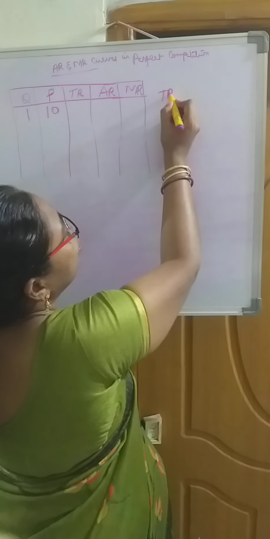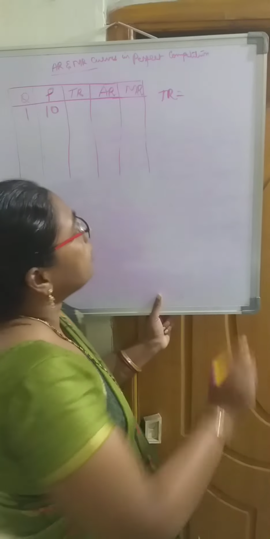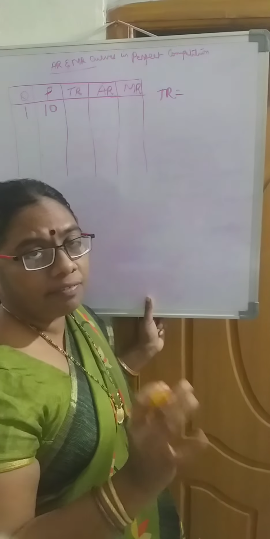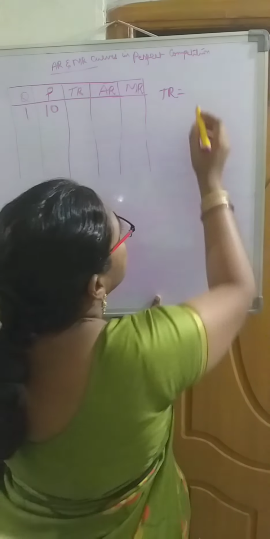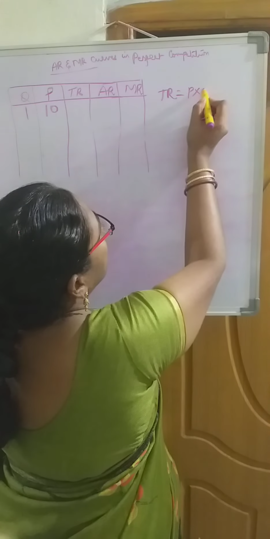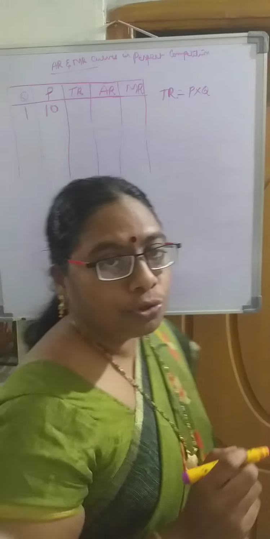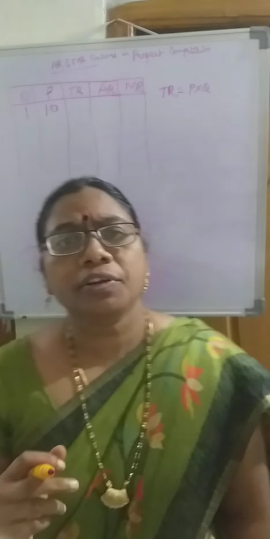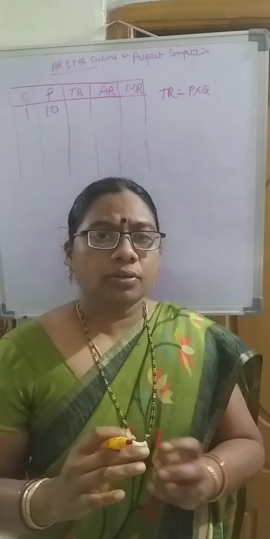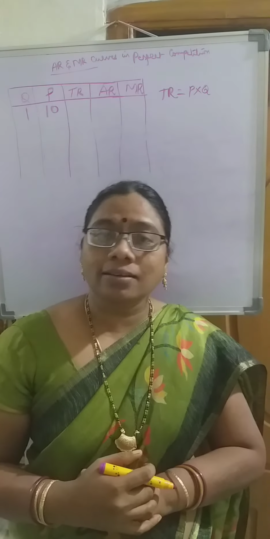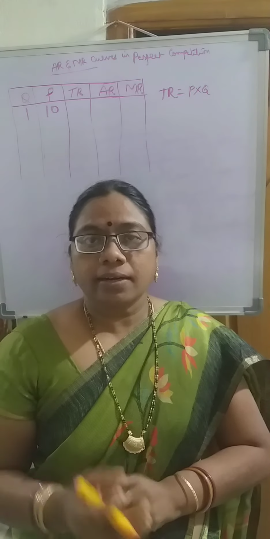As you are all aware, TR or total revenue is equal to P into Q. Total revenue means the number of products which the seller is selling at a given price.